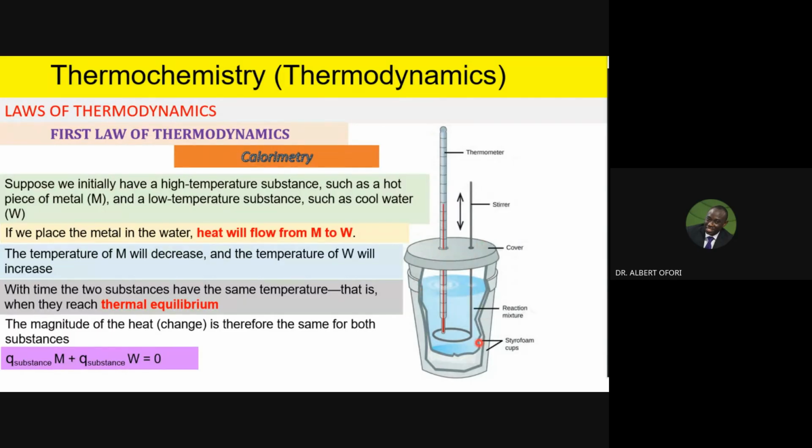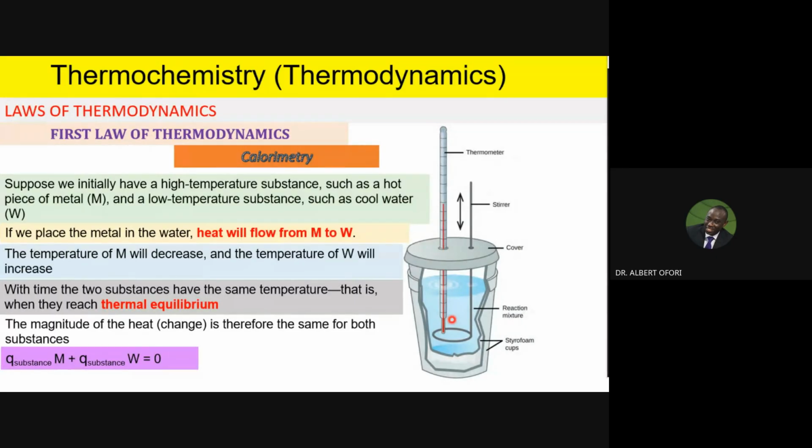Once we drop it, there's going to be a change in temperature. The metal is going to change its temperature from where it was. If it was hot, it's now going to be cold, so it will be moving from higher to lower. The water will be moving from lower to higher.